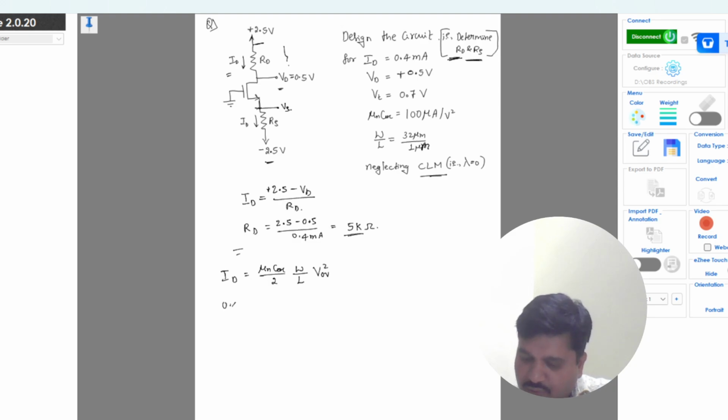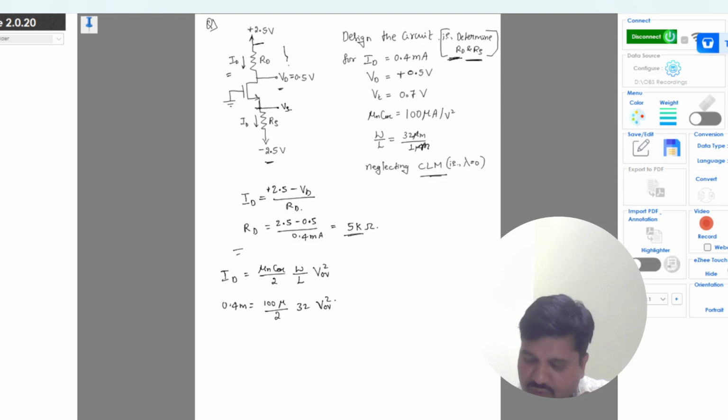ID is 0.4 milli, mu n Cox is 100 micro, divided by 2, W by L is 32 micrometer over micrometer, so the units cancel, times VOV square.